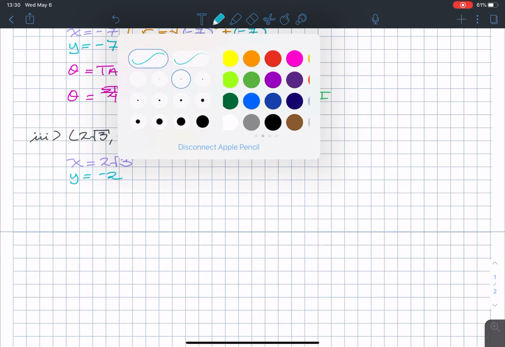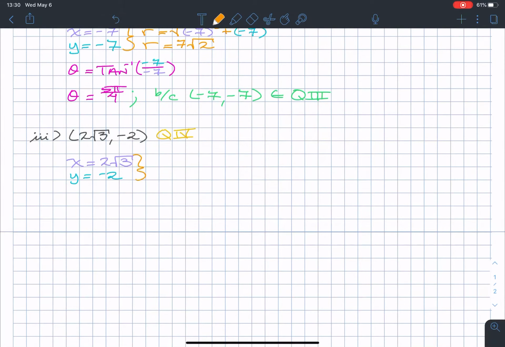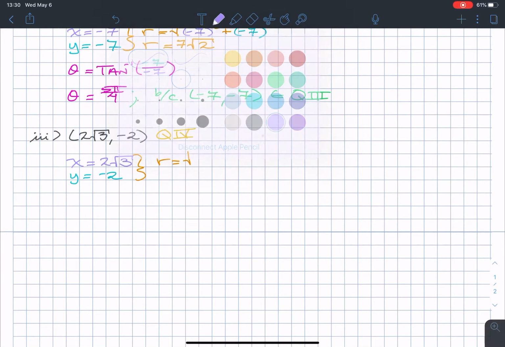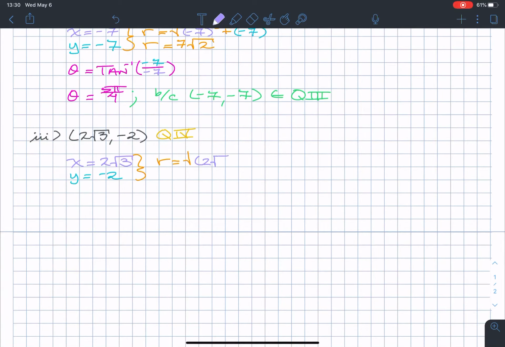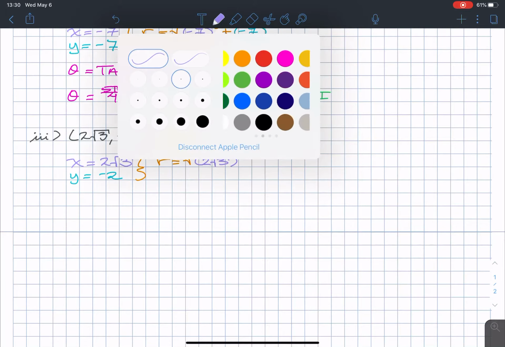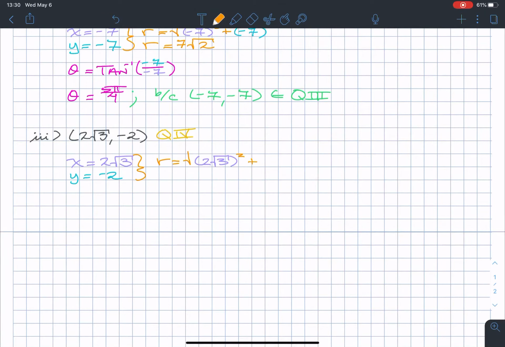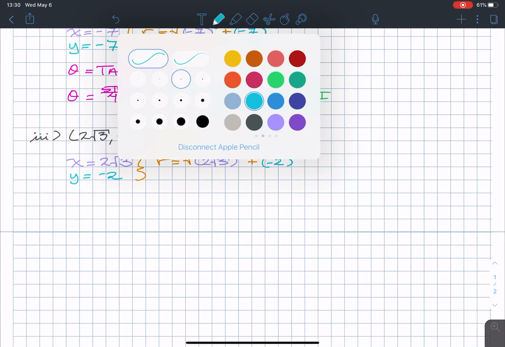My radius will be the square root of quantity 2 root 3 squared plus quantity -2 squared.